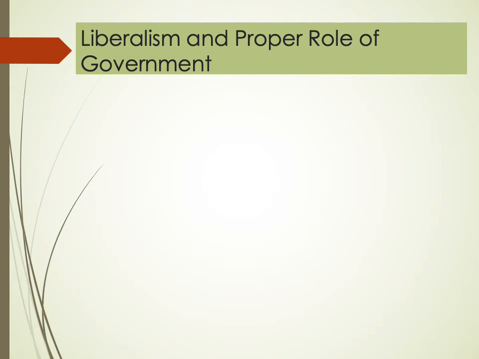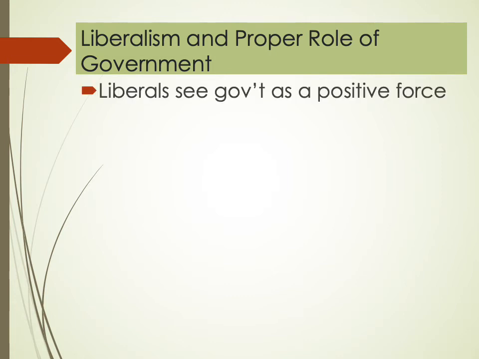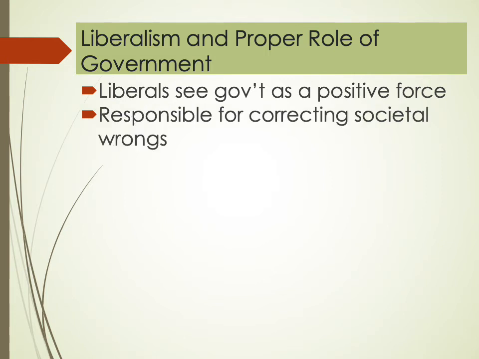Liberals have a different take on the proper role of government. Liberals see government as a positive force in society. They think that government should be there to be actively involved, particularly when it comes to correcting societal wrongs.